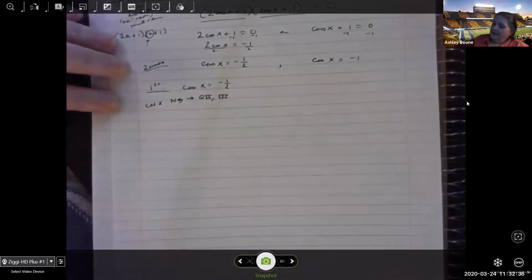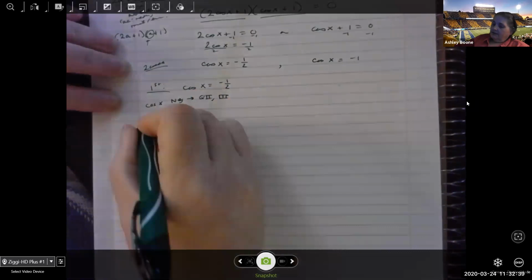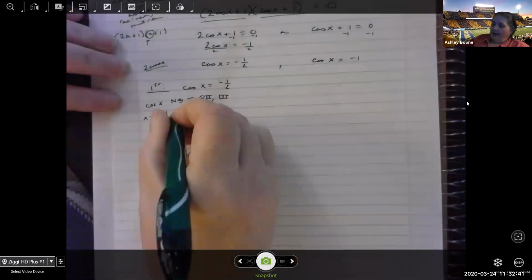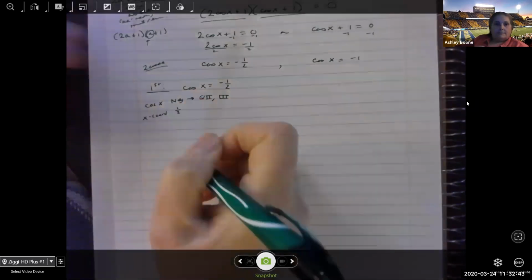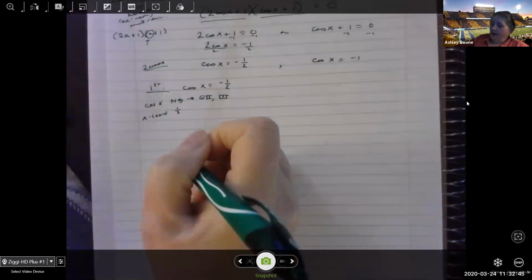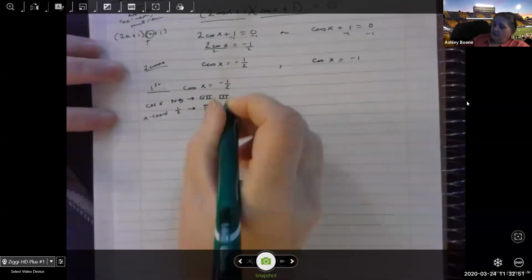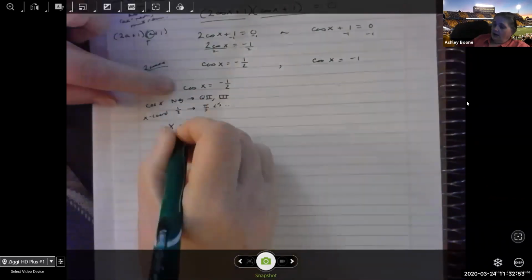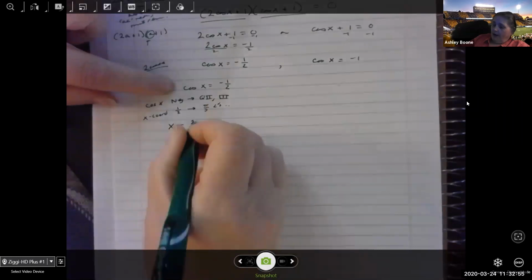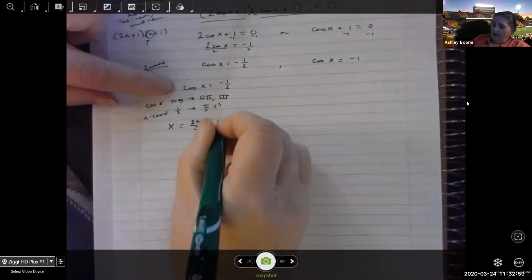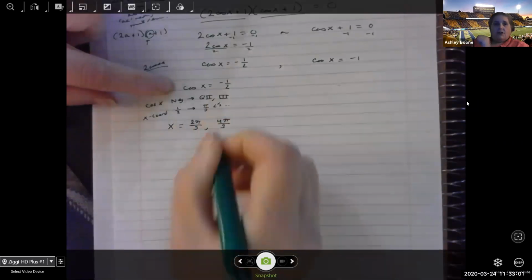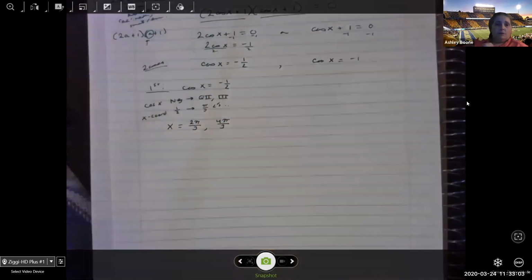When is the x coordinate a 1/2 on the unit circle? The x coordinate's 1/2 at the pi over 3 angles. So this means solutions for this one, in quadrant 2, that would be 2 pi over 3, and in quadrant 3, that would be 4 pi over 3. So those are our solutions in one revolution of the unit circle.